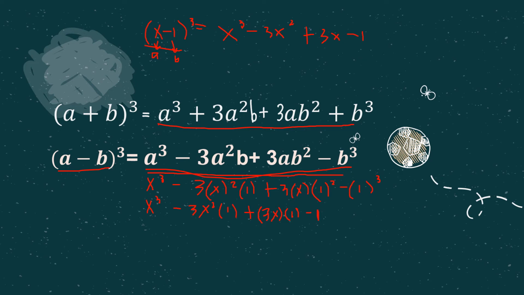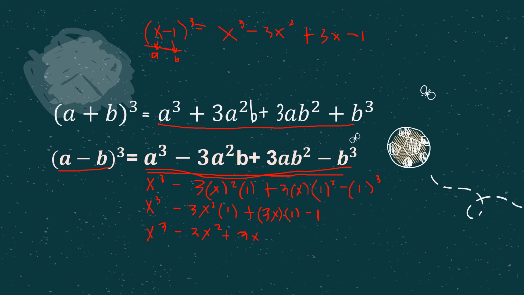Ayan. Ngayon, meron pa mga nasa parenthesis. So, ang gagawin natin, simplify pa rin natin sila. So, x cube minus, ito. 3x times 1 is 3x squared. Ayan. So, 3x squared plus 3x times 1 is 3x.